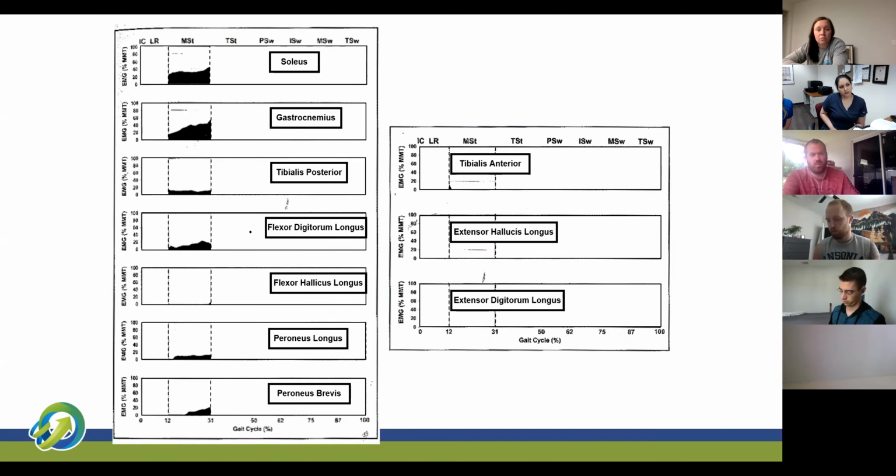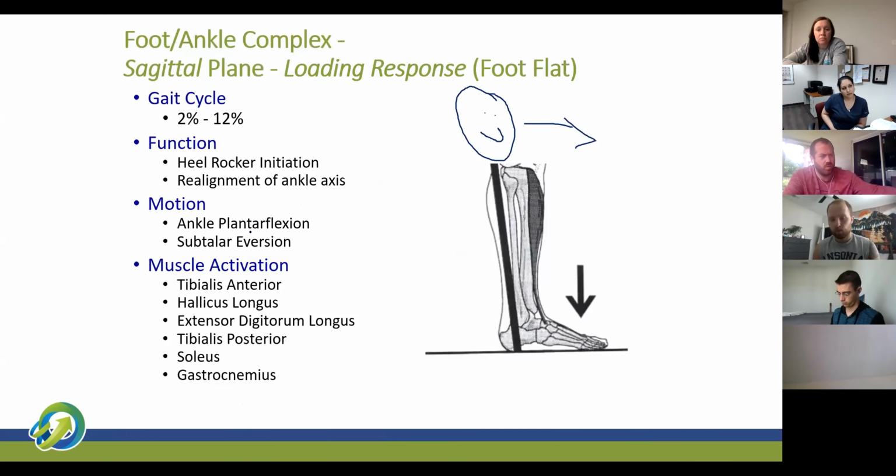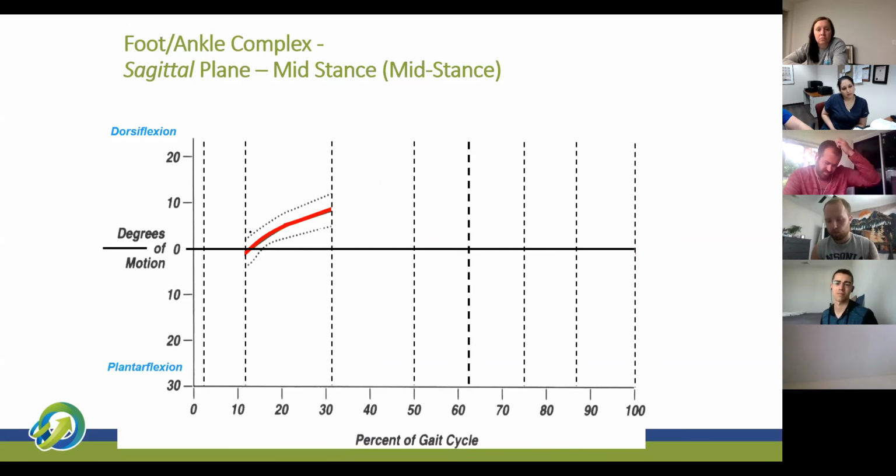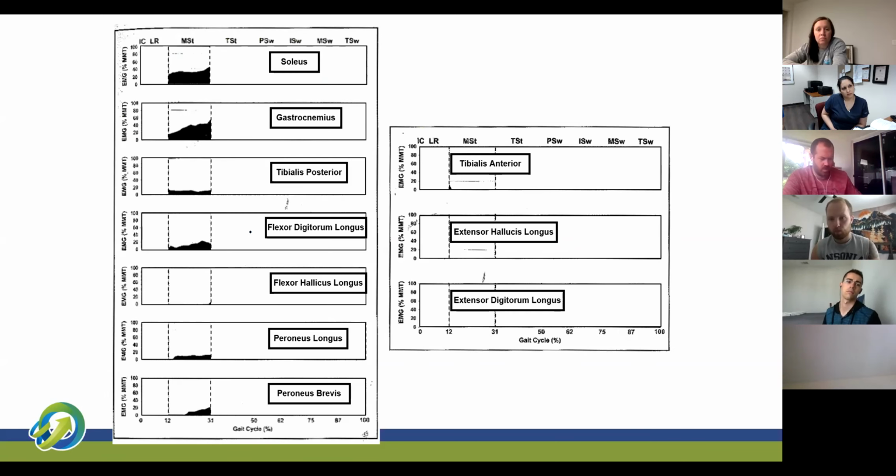The muscles responsible for this dorsiflexion are actually the plantar flexors. So the dorsiflexors are taking a break. They are no longer eccentrically working as they were previously. Now we see activity in the soleus and gastrocnemius, tibialis posterior, which is a plantar flexor and an everter, and a couple of the other everters, the peroneus longus and the peroneus brevis.